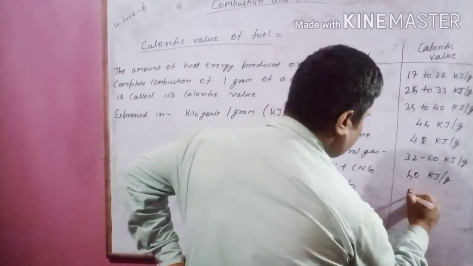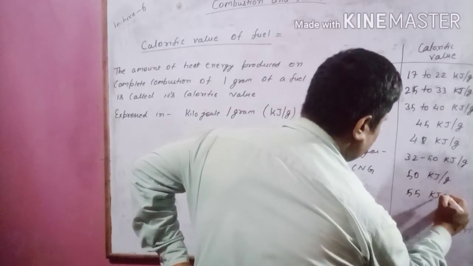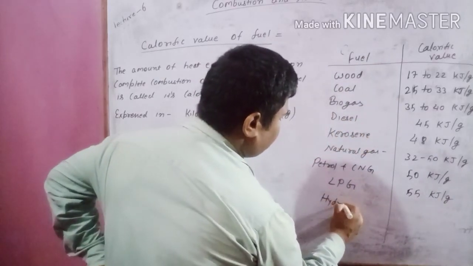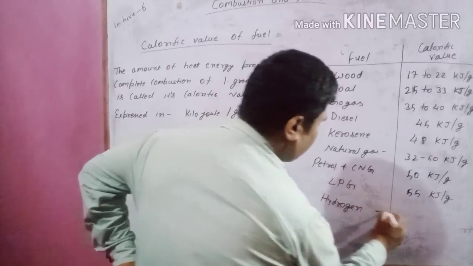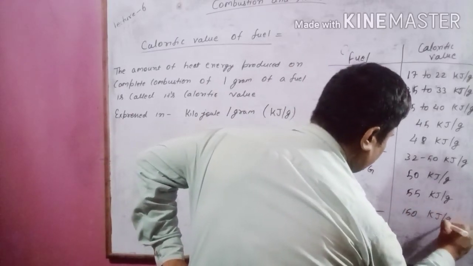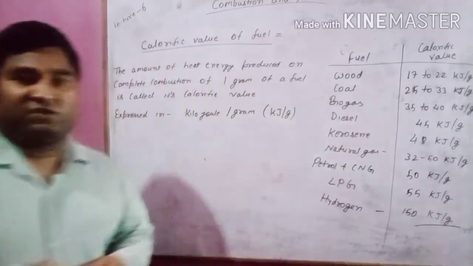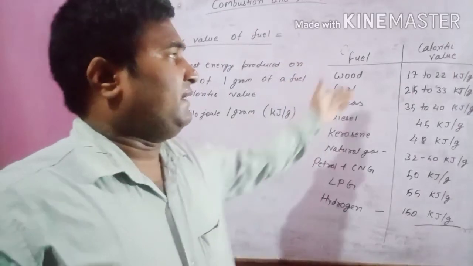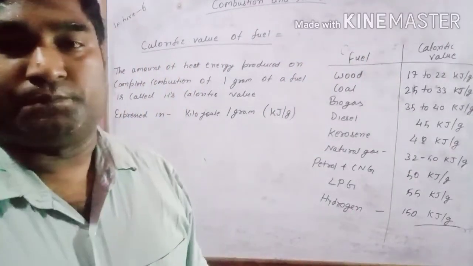LPG produces 55 kilojoule per gram. And hydrogen produces 150 kilojoule per gram. So these are some fuels and their calorific values.